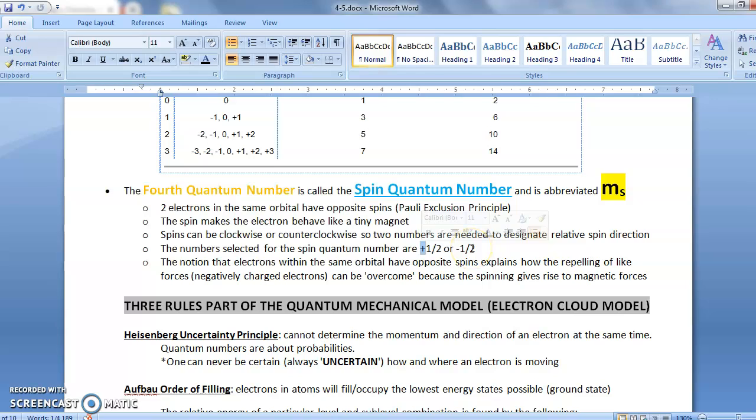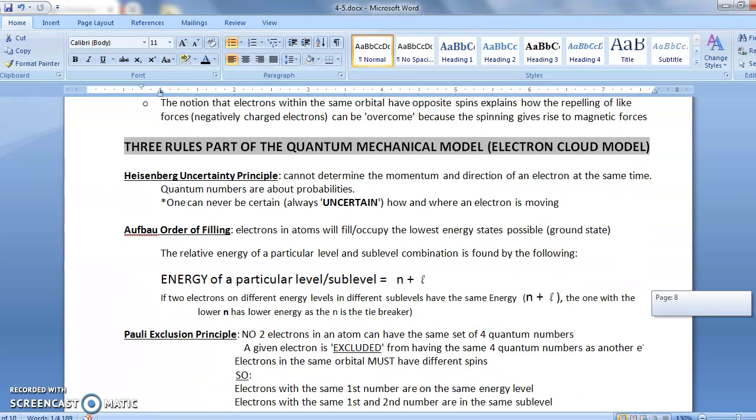The other one is spinning the other way, so it's counterclockwise, and it's given minus half. If you've noticed that we have 2 electrons in an orbital, negative repels. It's the fact that the electrons are spinning and creating little magnetic fields that helps overcome that repelling force of 2 negative particles.